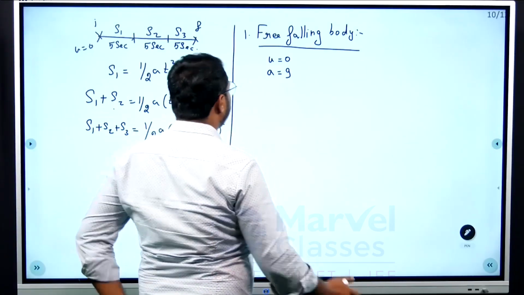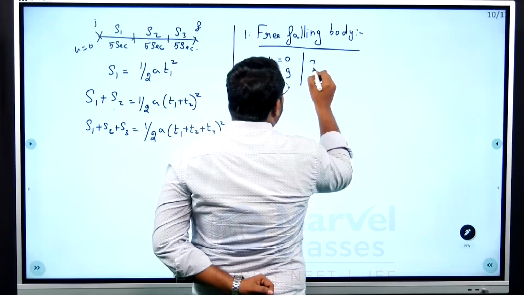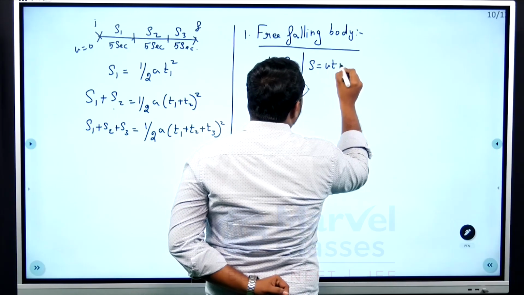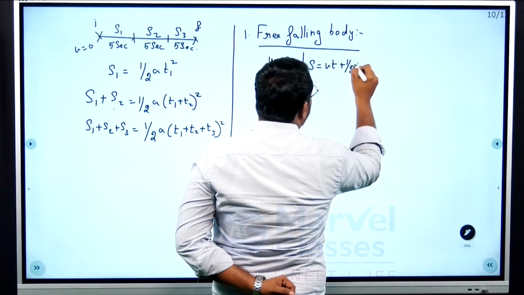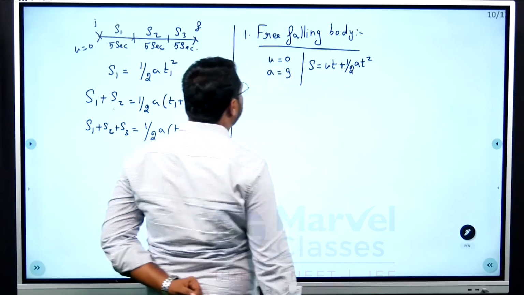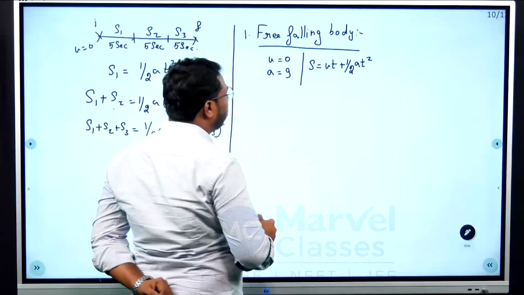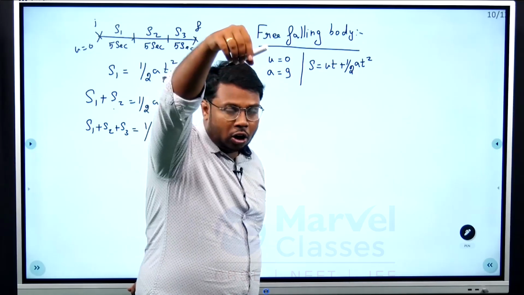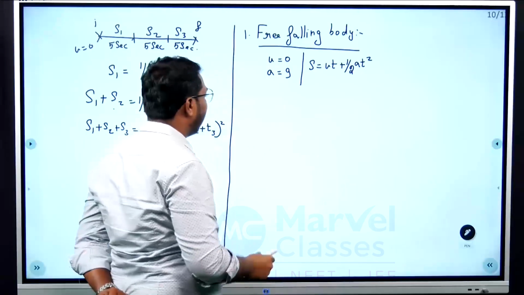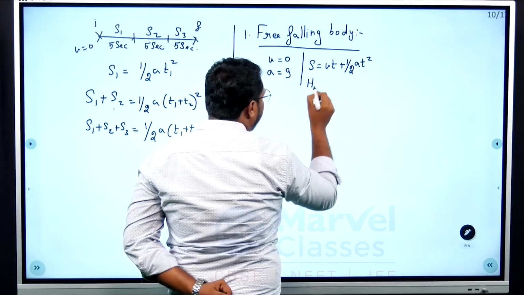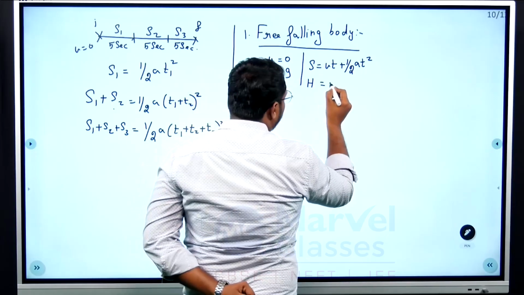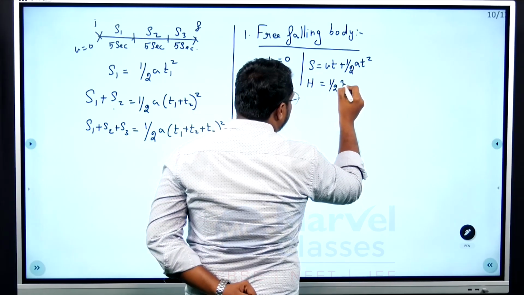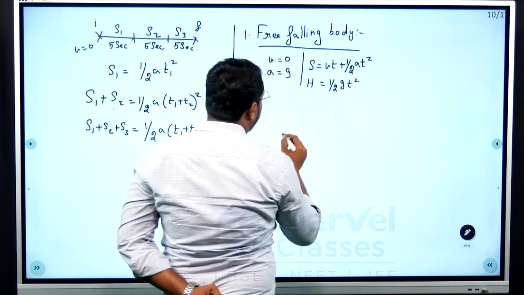For example, S is equal to ut plus half into a into t squared. The initial velocity is 0. Imagine that you are dropping it from a certain height h. S will be the height h, so h is equal to 1 by 2 into g into t squared.